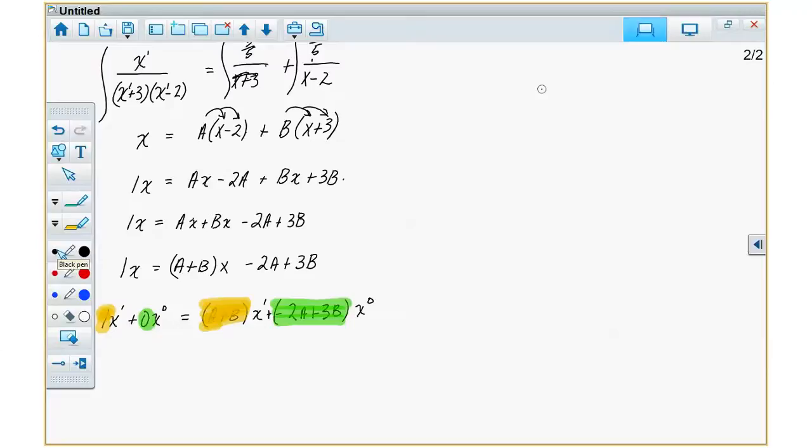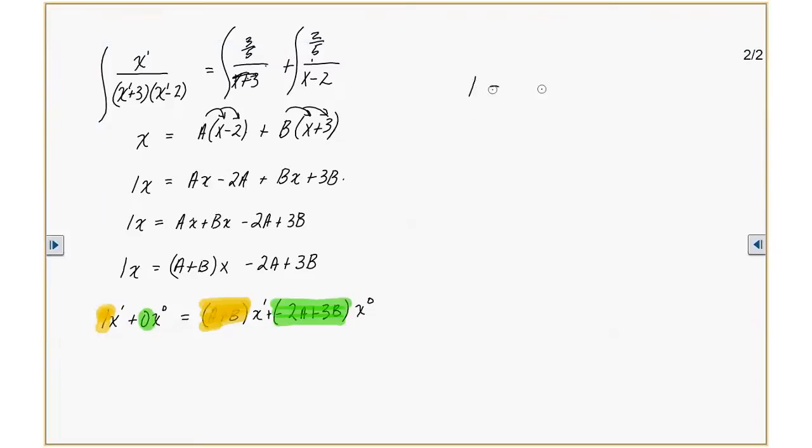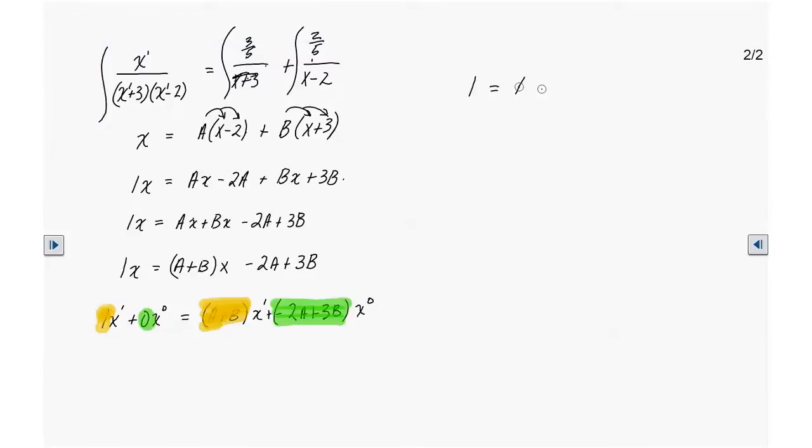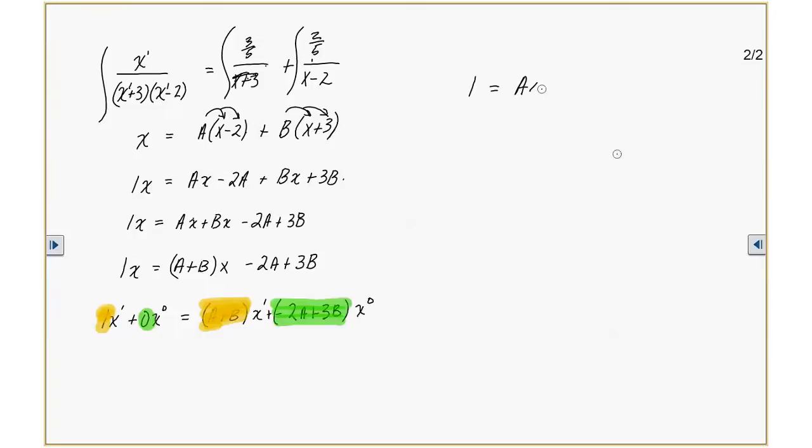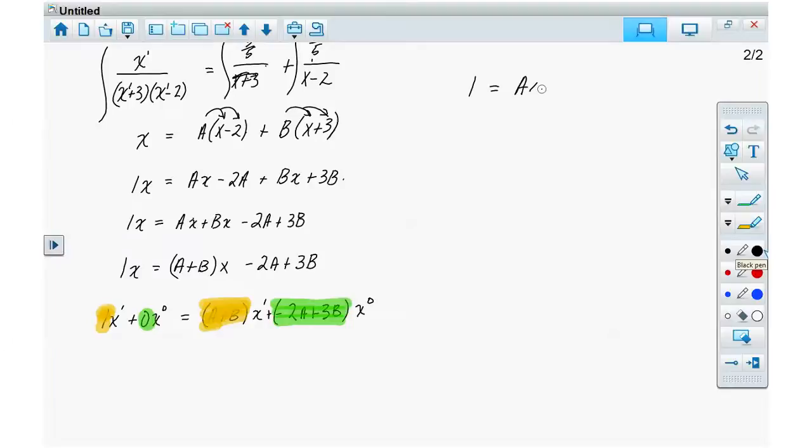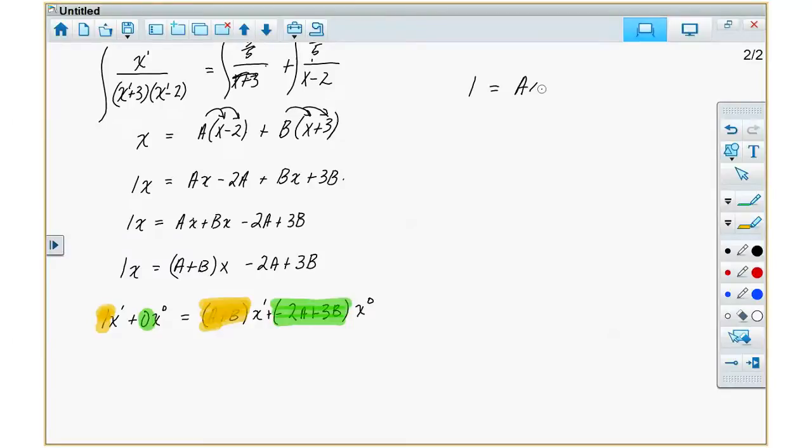So we've got 1 is equal to A plus B. I'm sorry, 1 is equal to A plus B. I was having a brain bubble there for a minute. You ever go to a stop sign and can't remember if you stopped or not?